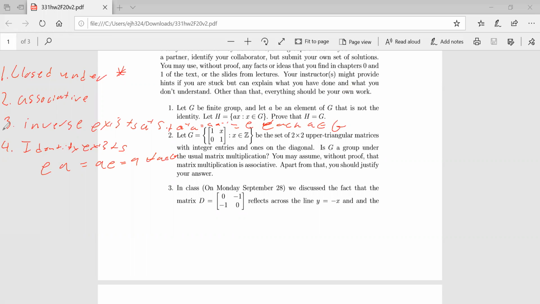Yes, x equals 0 gives us the identity. If we set x equals 0, we get [1, 0; 0, 1], which any of you who have done any linear algebra should recognize as the identity matrix. Cool. So 4 works.